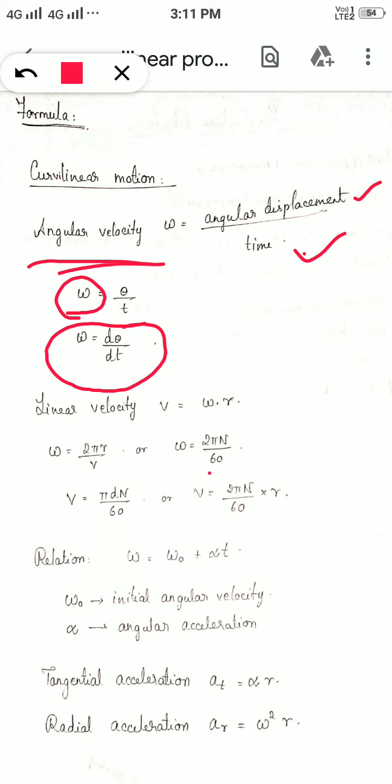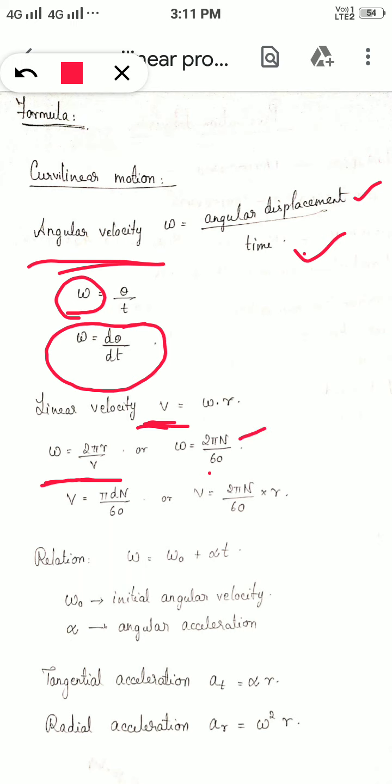In case they are asking linear velocity, we have to calculate v is equal to omega into r, or it can be written as w into r. That can be calculated in two manners according to the question. If they give you the radius, we use omega is equal to 2 pi r divided by v.